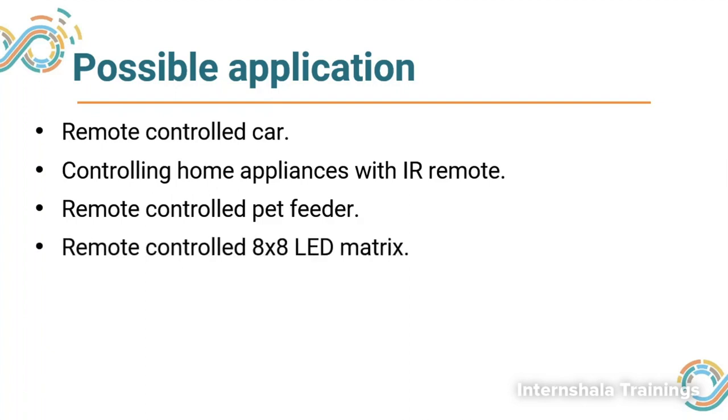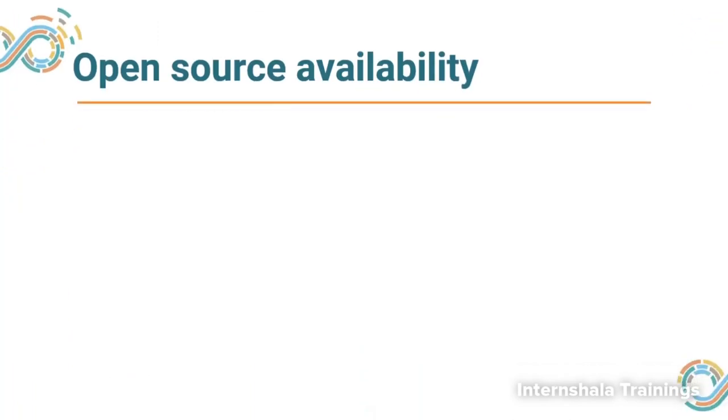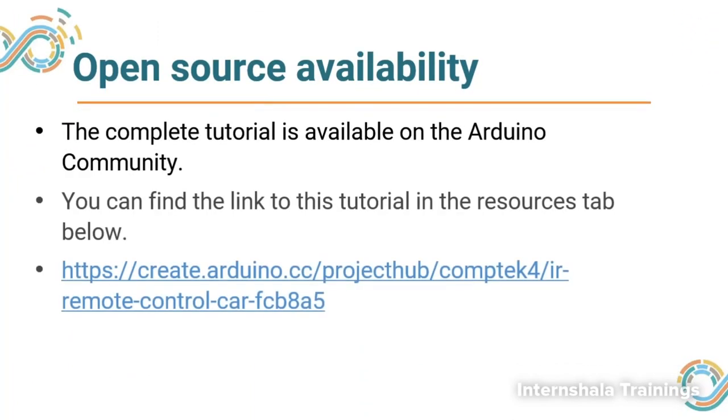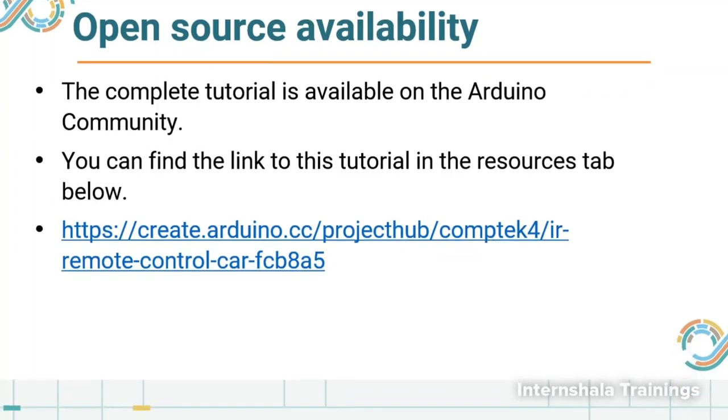You can have control for an 8x8 LED matrix or even larger displays using remote controls. An open source version of this project is available in the Arduino community. You can access it, expand it, and learn more from this repository.